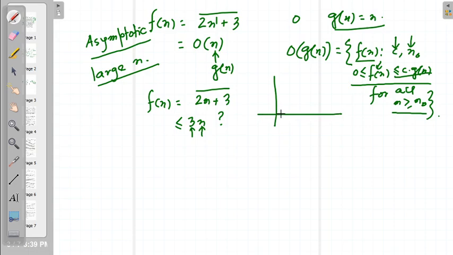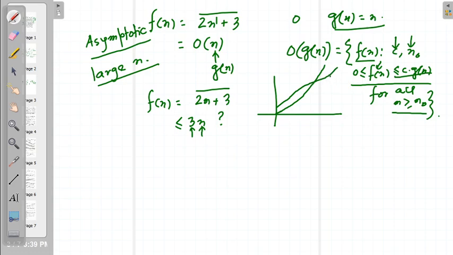That, say, this might be our Gn, and this Fn might be something like this.